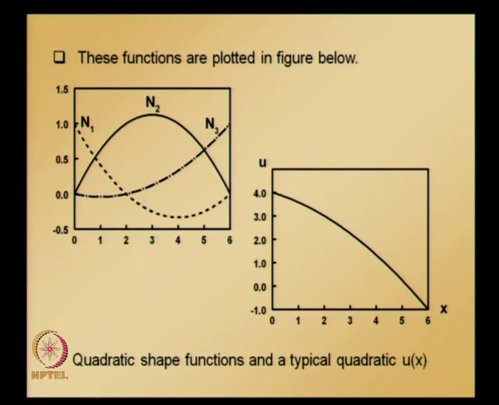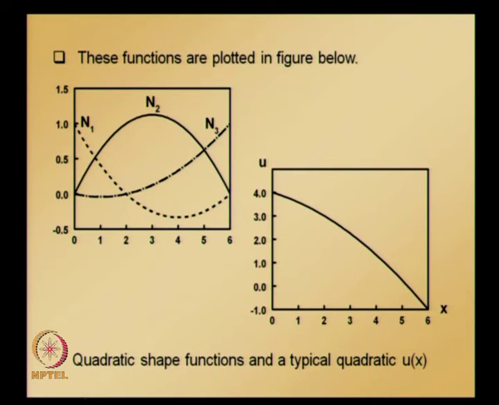Moving the interior node closer to an end will make the functions change sharply near the end. Since shape functions represent the trial solution, the finite element solution in a region can be made to change more rapidly by moving interior nodes closer to the end nodes in that region.